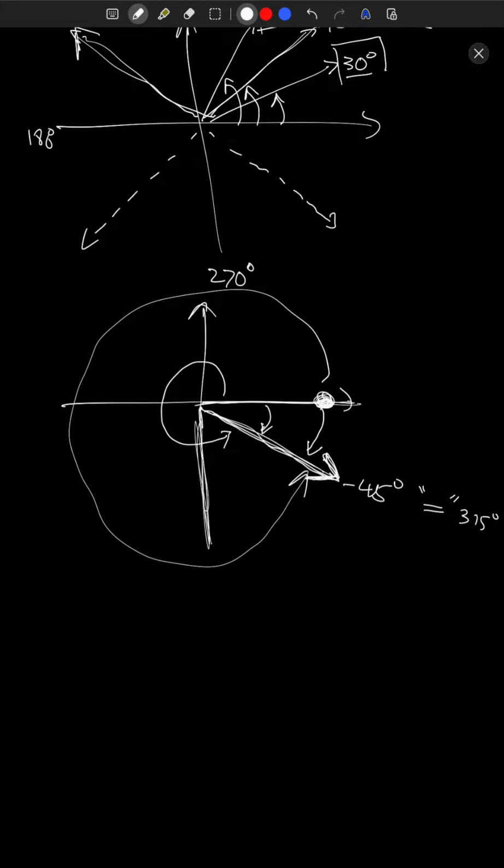So if we start here and move down to our terminal angle here, it's more natural to express it as minus 45 degrees, as opposed to 315 degrees, which would be more natural if we traveled counterclockwise.